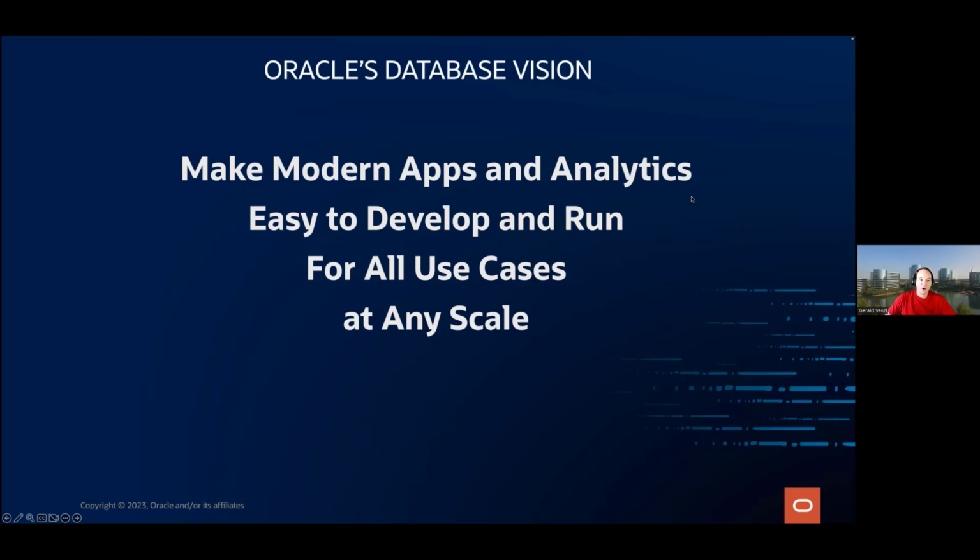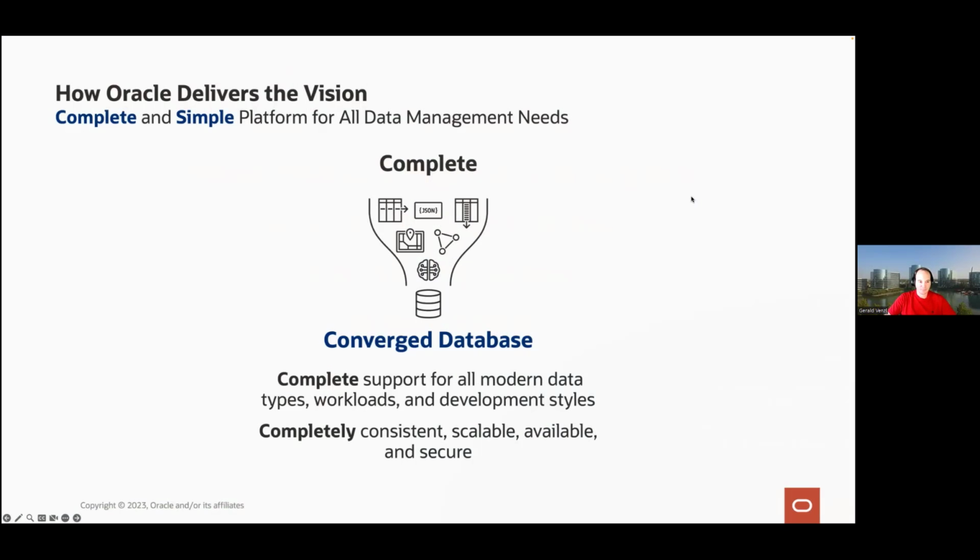Now, how are we accomplishing that? This is by something that we call a converged database model. You may or may not have heard this already from various people like Andrew Mendelson, Juan Luis, at CloudWorld and so forth. But essentially, the idea is that you should not have to have a separate database for a specific workload or data type that you want to manage.